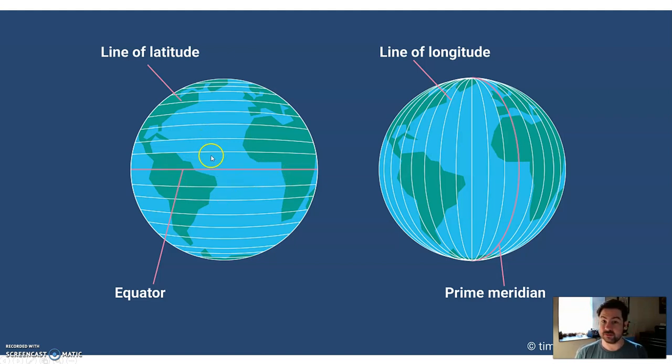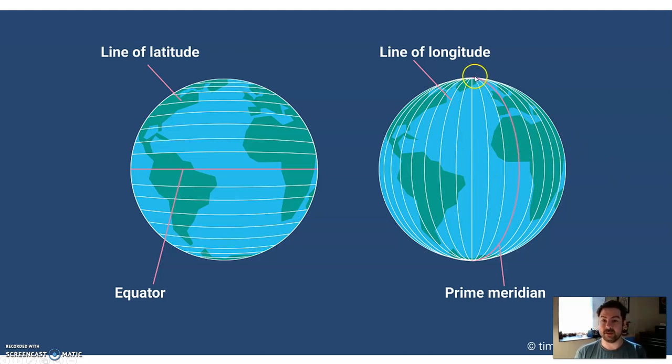Latitudes measure degrees north of the equator up to 90 degrees, or degrees south of the equator. Longitude is measured from the prime meridian, a fictitious line that goes around the globe, and you're looking at how far west or east of this fictitious line you are.